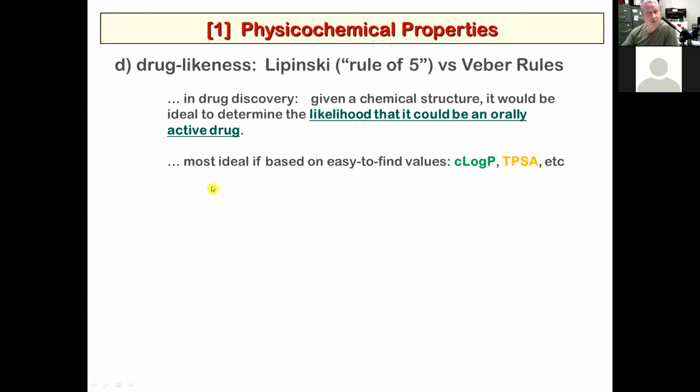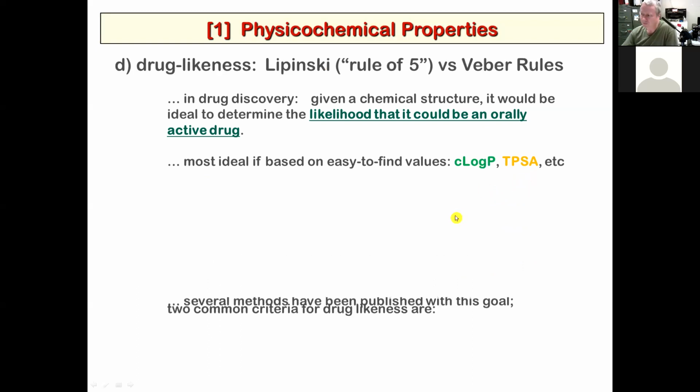And it'd be great if we can do it using very simple numbers like C log P, TPSA. We can calculate these very easily with tools and do it on hundreds of thousands of molecules very rapidly using websites or a computer program or something.